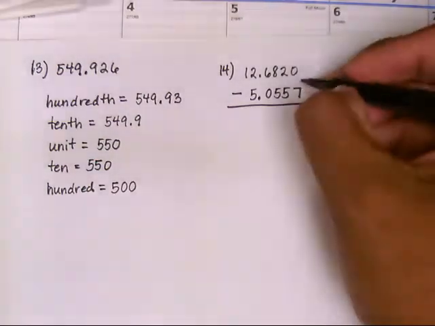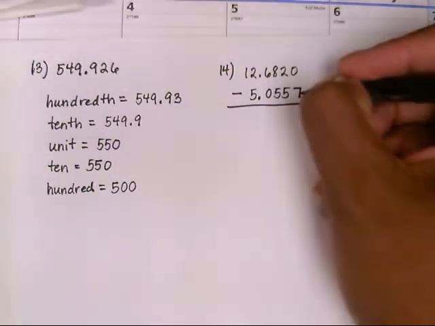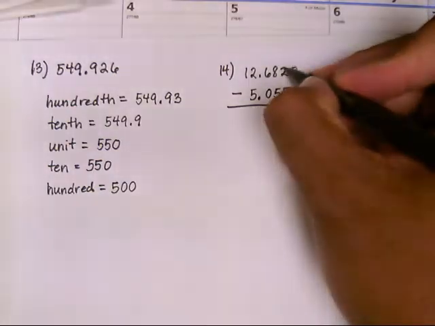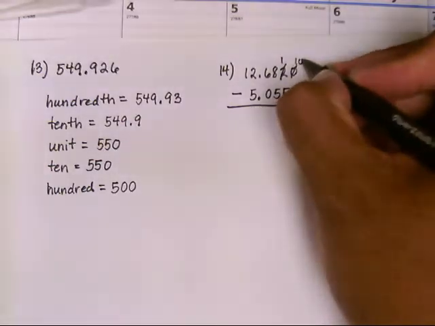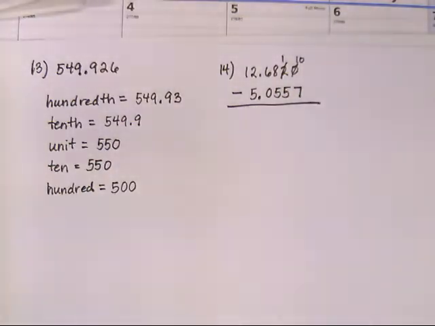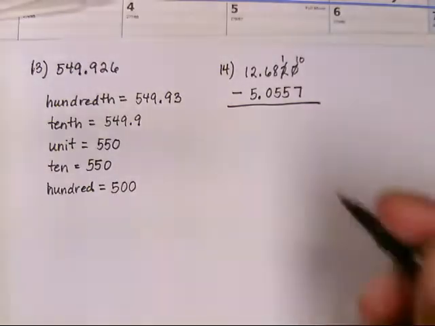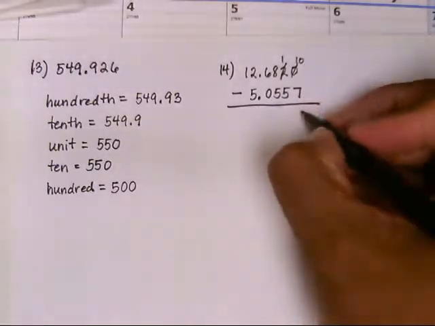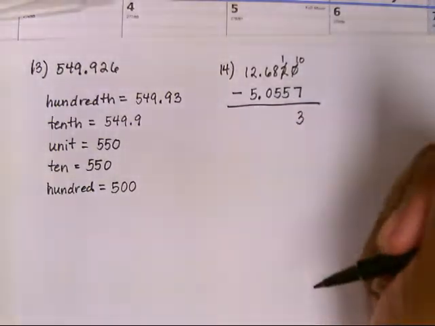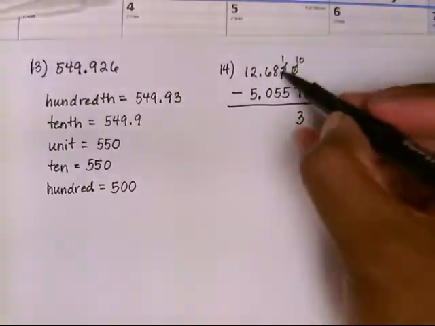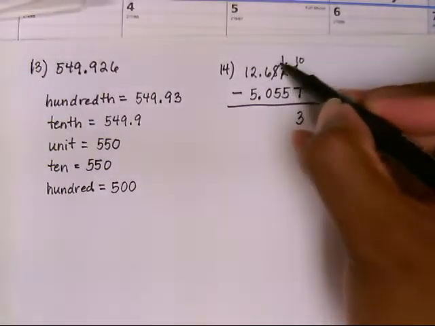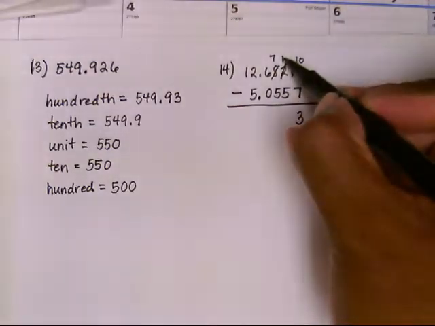Now we're going to have to do some regrouping because we can't subtract 7 from 0. 1 from this 2 will give us a 1. And that 0 will become a 10. So 10 minus 7 is going to give us 3. And now I can't subtract 5 from 1, so a little regrouping has to be done here. Take 1 from the 8, you'll get 7.